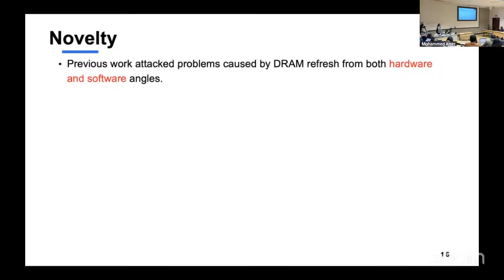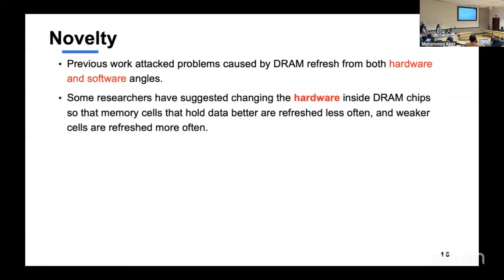And coming to the novelty, I want to discuss the previous work which attacked these problems caused by DRAM refresh from both hardware and software angles. Some researchers have suggested changing the hardware inside the DRAM chips so that the memory cells can hold the data better, and that may help with the refresh rates.